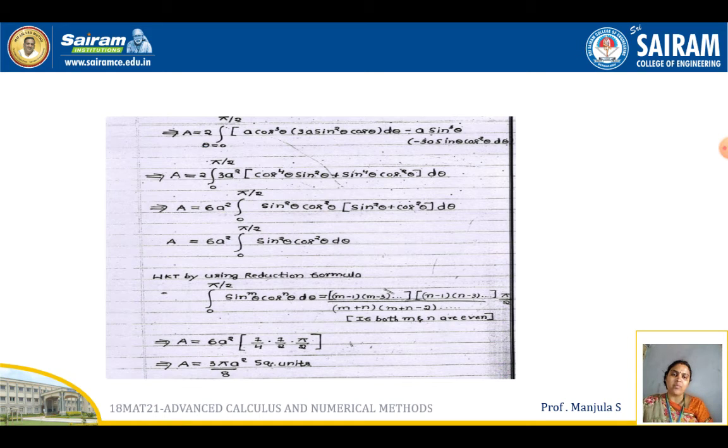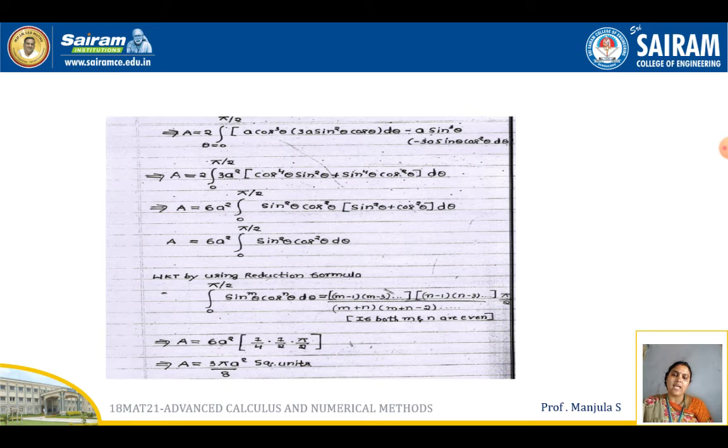If both m and n are even, we have to multiply it by pi by 2. Here m and n are both even because of the 2, so we'll multiply by pi by 2. If odd, then just 1 will come. Now we'll apply this formula to find the value of this integral.